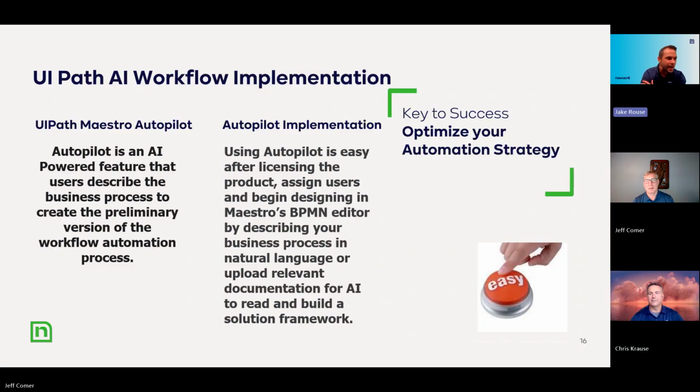Autopilot is available after you get the UiPath suite of tools. Maestro becomes available to you, and it's really one of the more powerful tools out there in terms of being able to interact and connect business teams, the people doing the work, and the technical teams, the teams trying to automate the work.